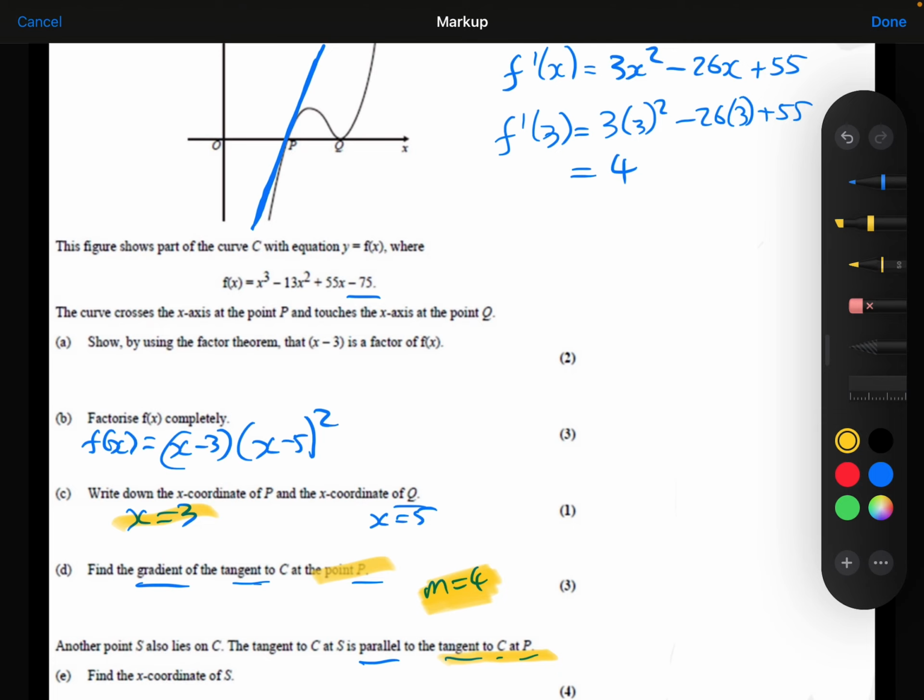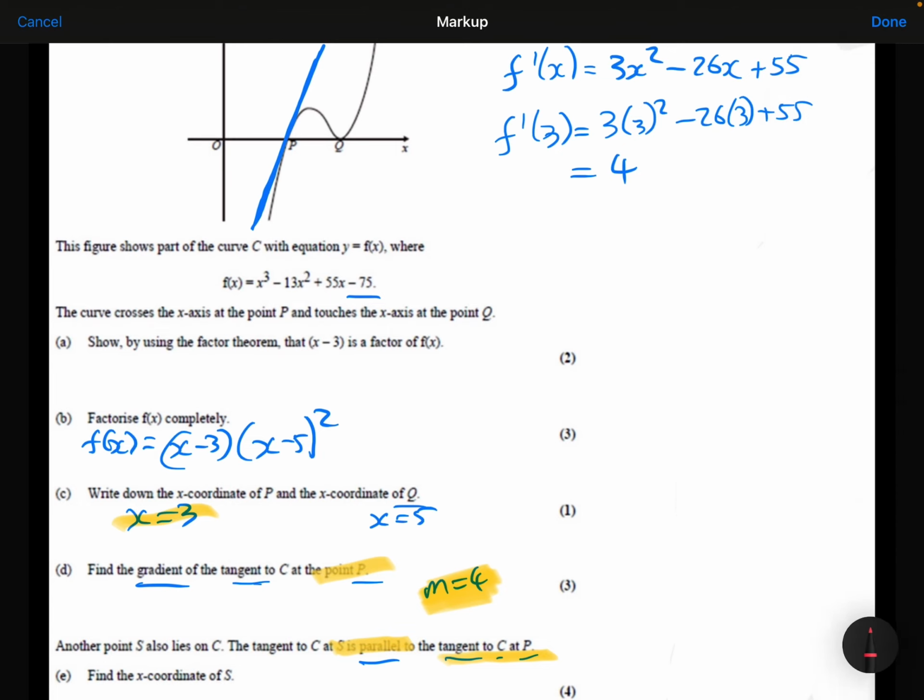And this question is telling me that the tangent to the curve at point S is parallel to this, which means same gradient. So the tangent to the curve at S also has a gradient of 4 because it's parallel.